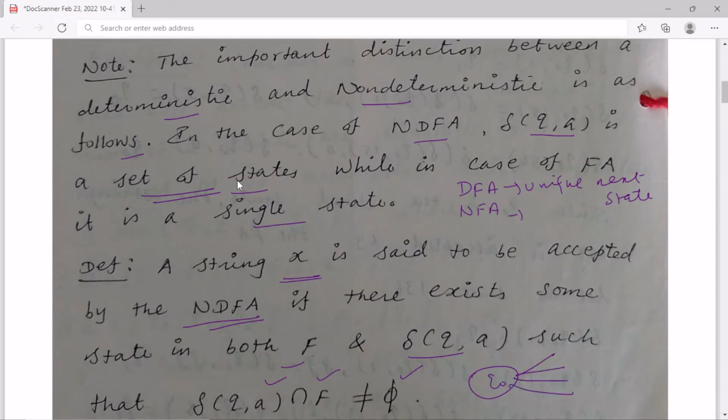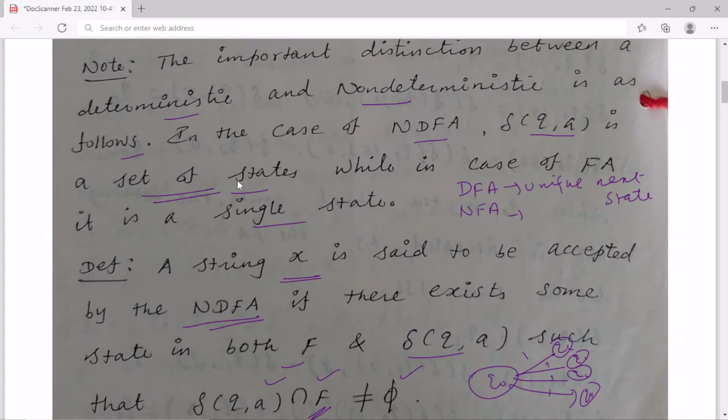Either you go to Q1, Q2, Q3, Q4 by reading the same input symbol, for example 1. So in such cases, you can have more states, final states also. By reading an input symbol 2, you can have different possibilities. So you can have more than one final state also. If you take the intersection between those two, if it contains any one of the final states, that is accepted.